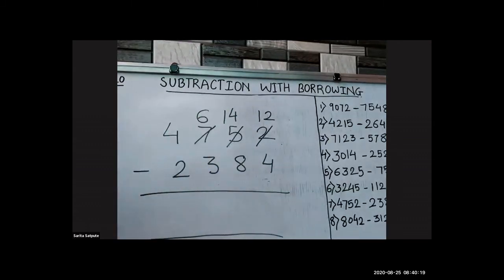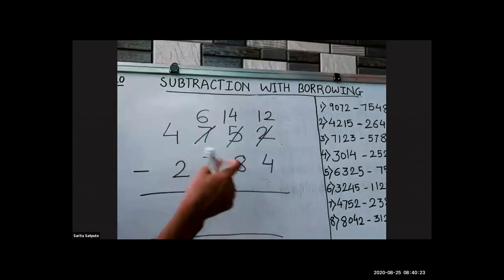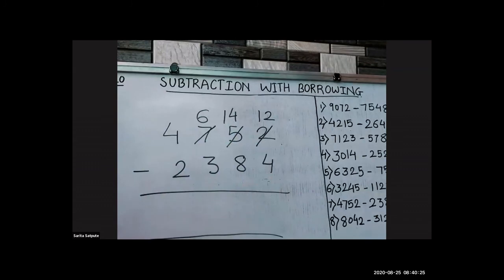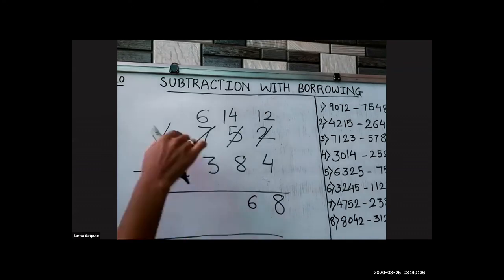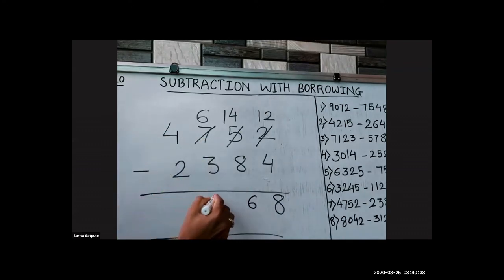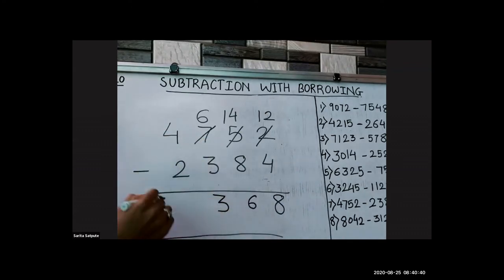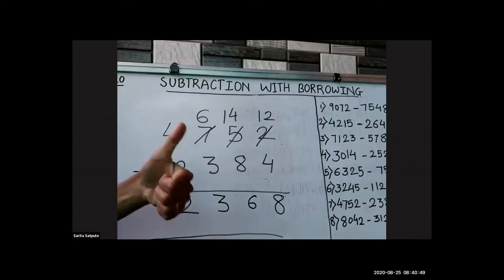Now your question is ready to subtract. 12 minus 4? 8. 14 minus 8? 6. 6 minus 3? 3. And 4 minus 2? 2. So your answer is 2,368. Very good.